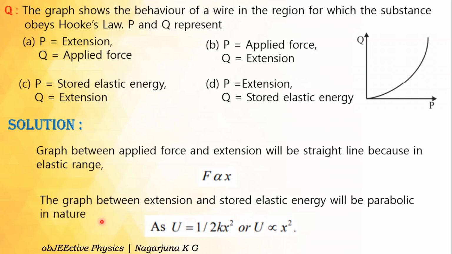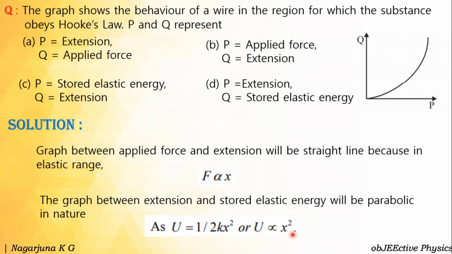This is related to option C and option D. As we know, elastic stored energy or potential energy U is equal to half k x square, where k is a constant. So U is directly proportional to x square. So our answer is D. That is option D is the right option.